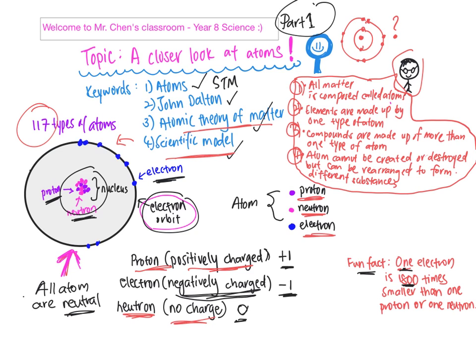Why is it neutral? Because we have positive and negative charges, right? Remember, the number of protons is very important. The number of protons is always equal to the number of electrons. So they have to have the same number.